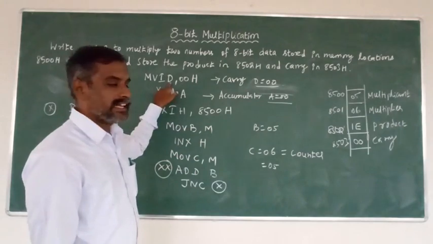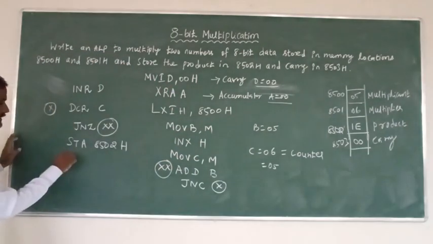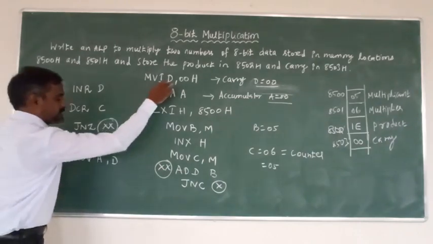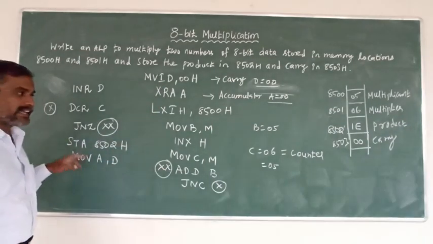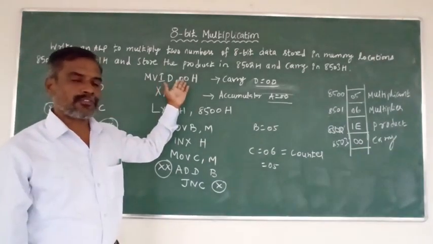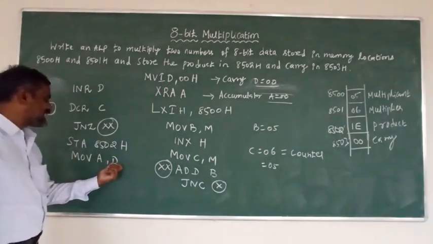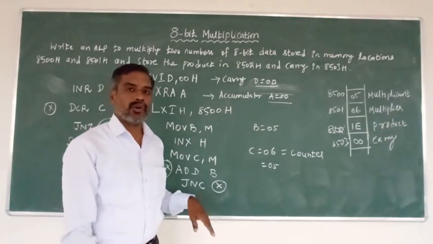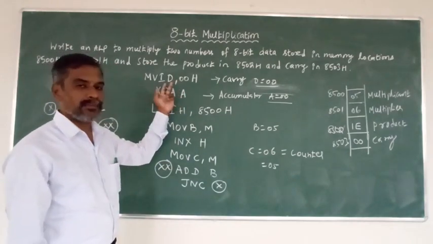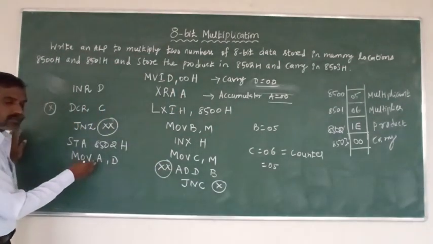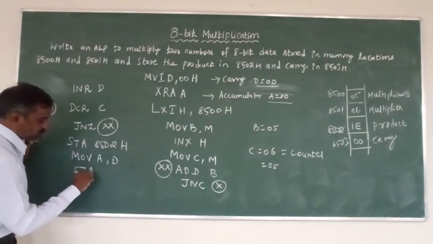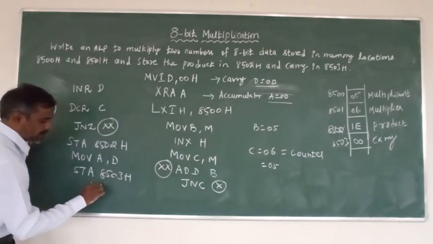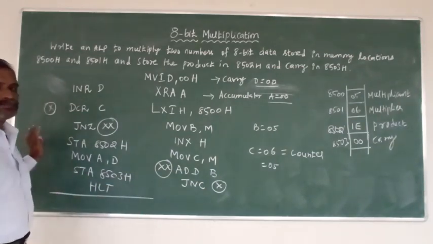For that, move the D register data to the accumulator: MOV A, D. If the carry is suppose 3, 4, 5 or 1, that carry data moves to the accumulator. If no carry, the carry will be 00, and that 00 moves to the accumulator. The accumulator result is stored at 8503H, and that is the program.